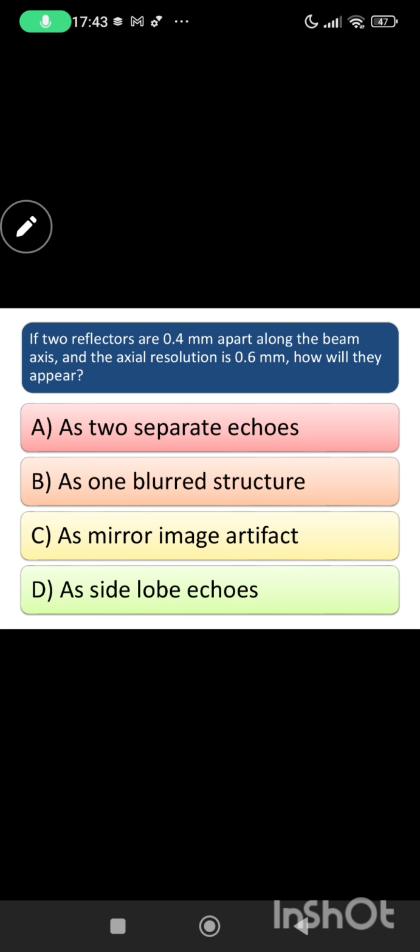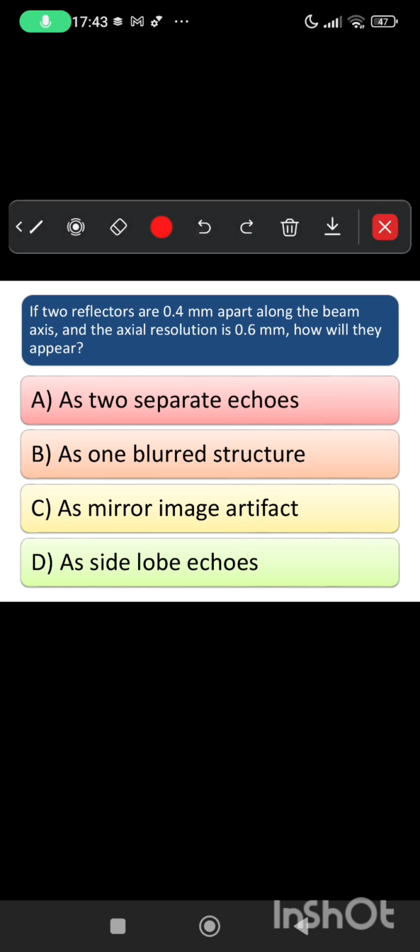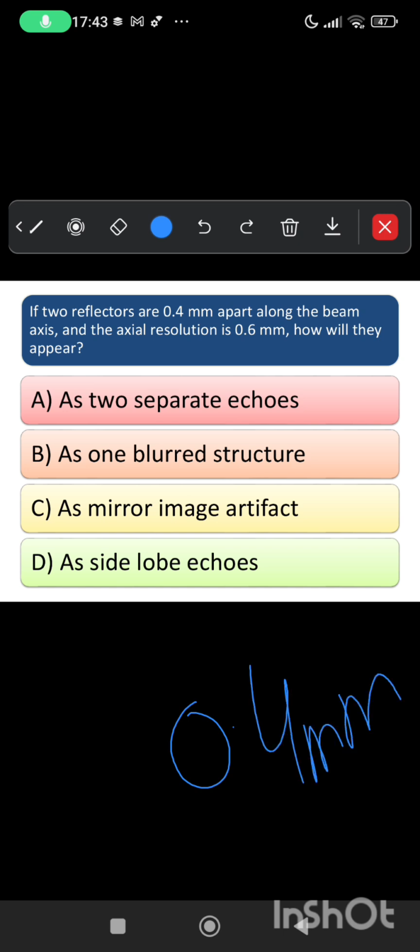The two separate echoes. Tesween, what is your opinion? A, as one blurred structure. Yes, as one blurred structure, because the reflectors are close, their distance is small, only 0.4 millimeter apart, but the axial resolution value is more, 0.6 millimeter.